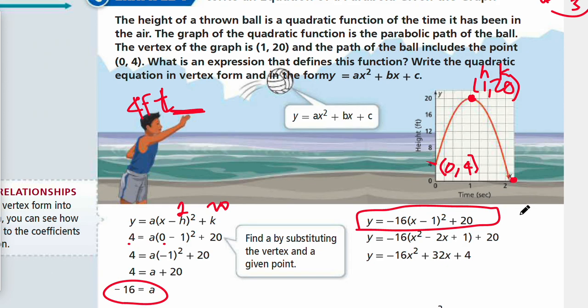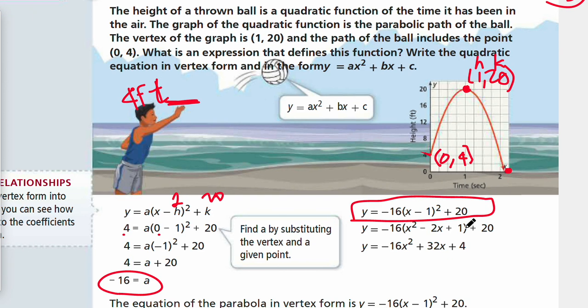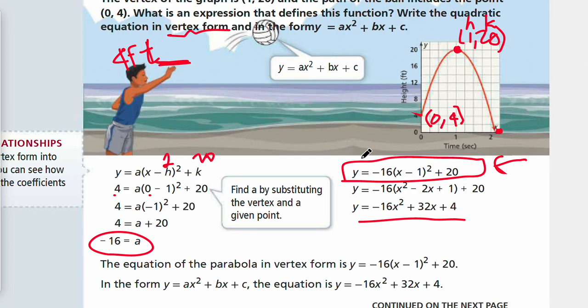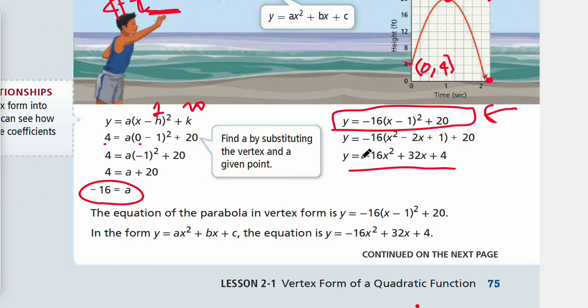You're going to write the quadratic equation in vertex form. And that's it. If you solve for it, you can also write it in standard form, but we just need to write it in vertex form because that's what they said, right? So the equation of the parabola in vertex form is y equals negative 16 times (x minus 1) squared plus 20.